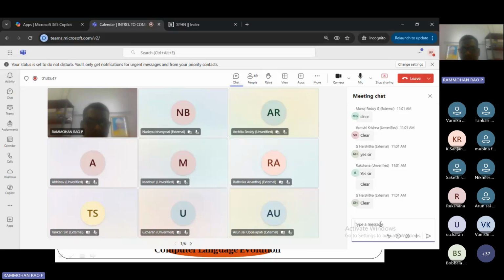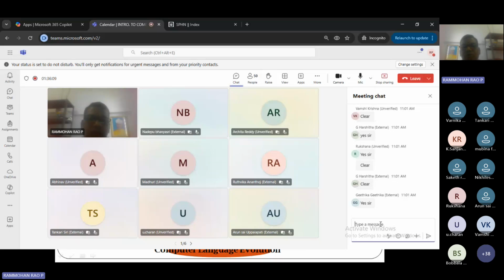This is a very fundamental point related to the block diagram of a computer. Now coming to how a computer understands instructions: since it's an electronic device, it wants everything in the form of ones and zeros because it can sense only the presence and absence of voltage.